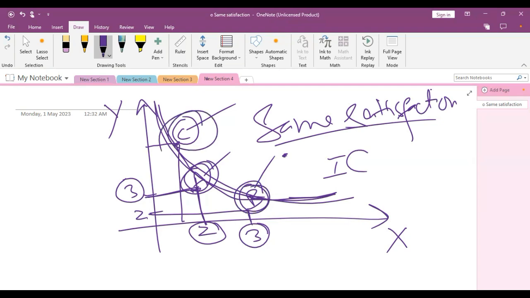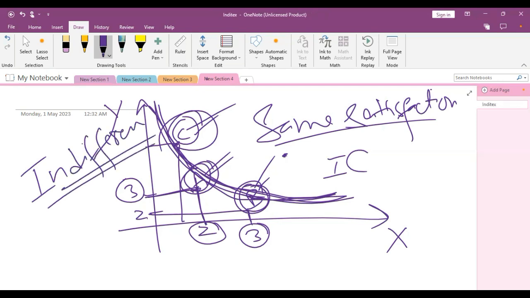And if he chooses point C, the satisfaction level is the same, because all these 3 points lie on the same IC curve. So all points on the same IC curve give the same level of satisfaction, so the consumer can choose any point. So he becomes indifferent in choosing different levels of satisfaction. Therefore, this curve is known as indifference curve.